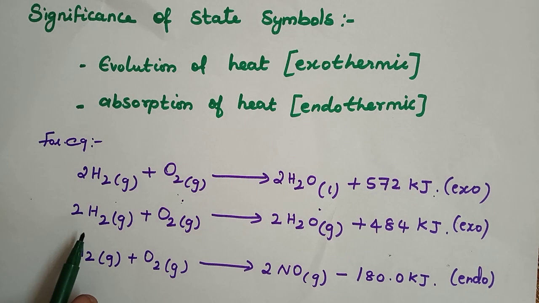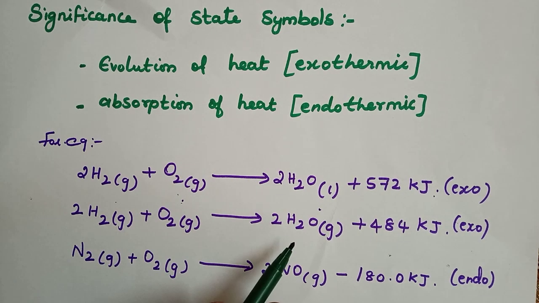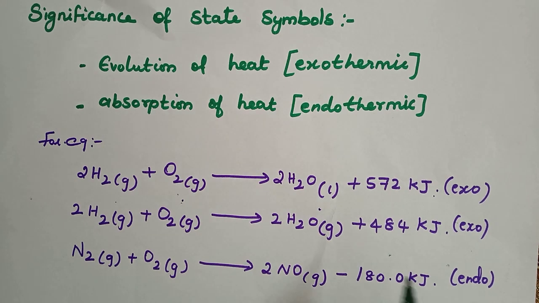And in the same reaction here, hydrogen gas and oxygen gas, but now the water is formed in the gaseous state, means water vapor, with a different heat energy. What is that? 484 kilojoules.